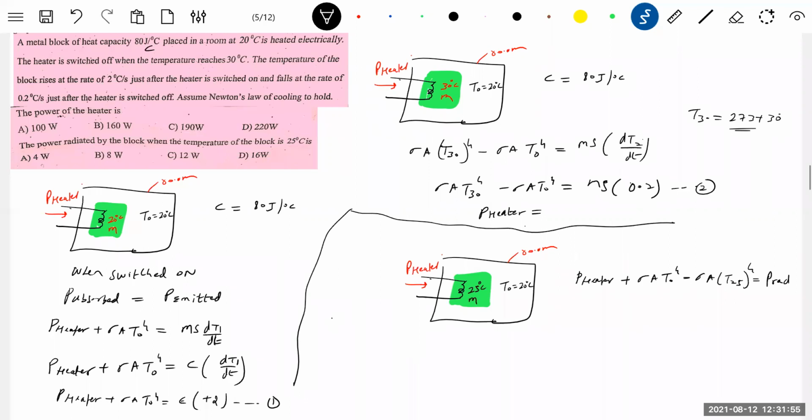Somebody should give me the value first. Heater. Anybody the value? Option B, 160 watt. Okay.